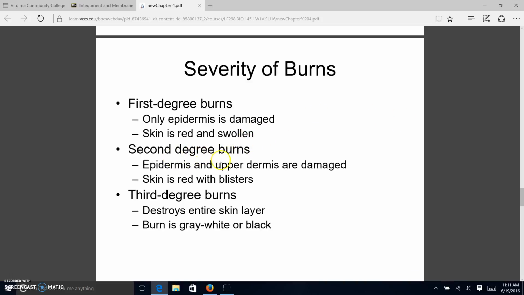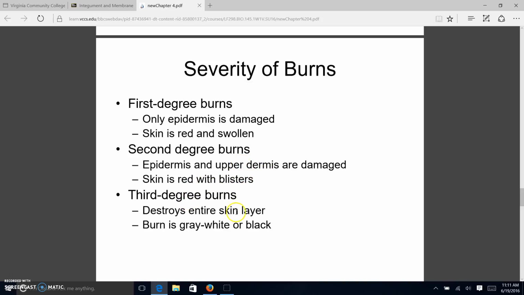Now, second degree burns is where you not only damage the epidermis, the outer layer, but you get some of the upper dermis. You can usually tell this if you have blisters. If you have blisters, you have gotten down into the dermis area, so it's a second degree burn. And these are usually super painful.